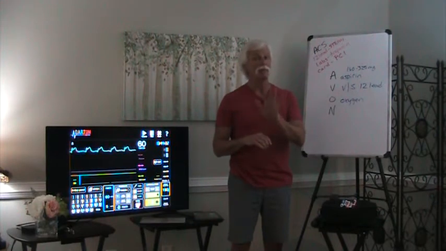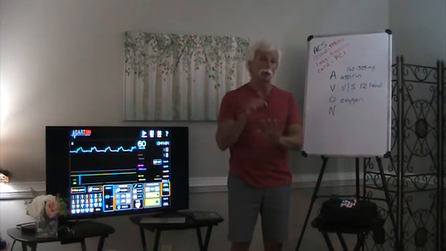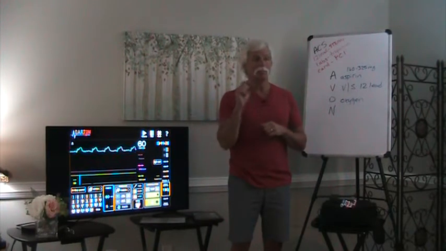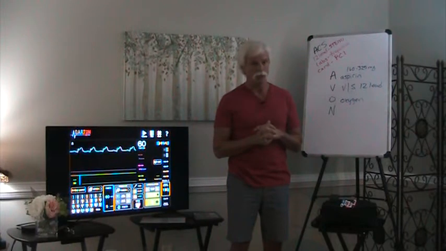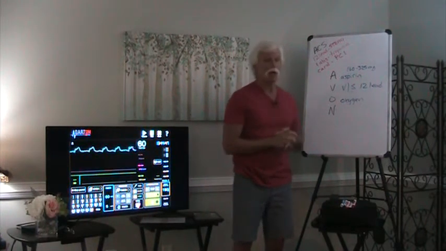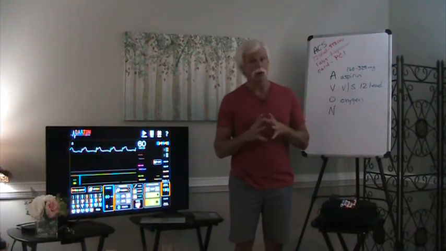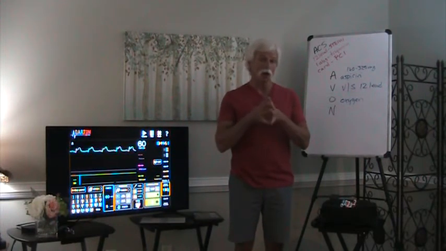But in 2015, the protocols that we're currently operating under, more data has come in. And it is more definitive to the fact that high levels of PaO2 can be harmful to the cardiac patient. The mechanisms by which oxygen is causing harm are not well understood, but the results are.